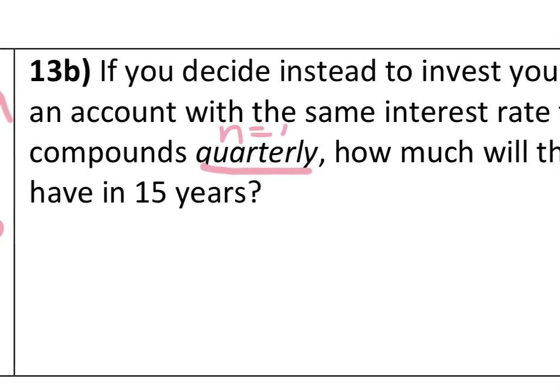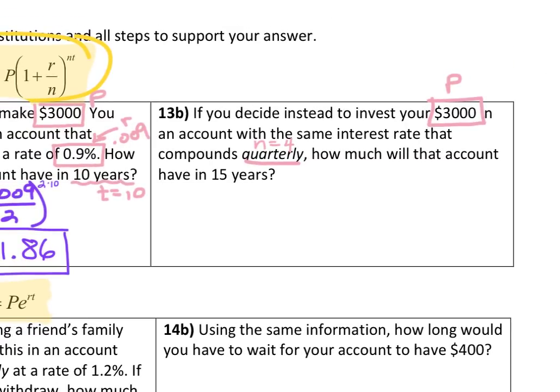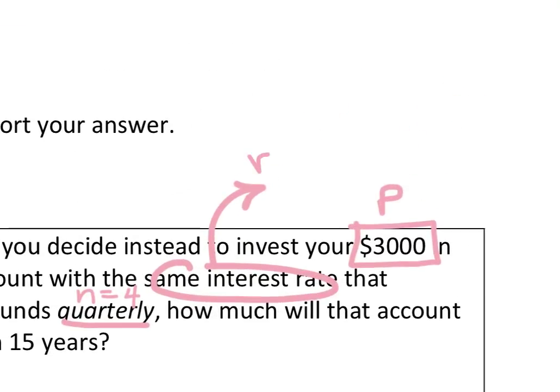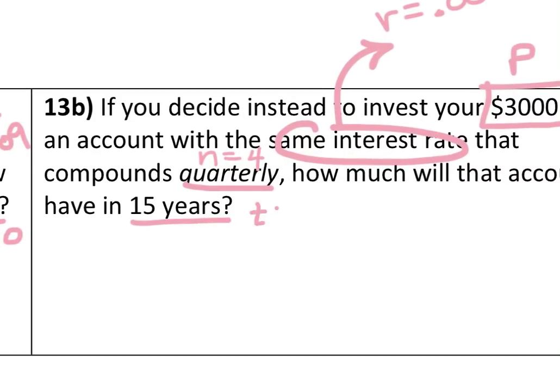It's going to compute the interest 4 times a year. And you're going to have the same interest rate, so here your R is still going to be equal to 0.009. And this time you're going to leave the money in the account for 15 years, so T is equal to 15.